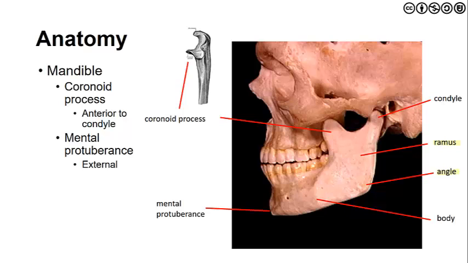It's similar to what we see at the elbow, that being the coronoid process, the more anterior portion of the elbow lying anterior to the olecranon. So very, very similar in terms of kind of how it's structured here, right? Then we also have what's called the mental protuberance, which is more what we would consider the chin. That's more external, okay?